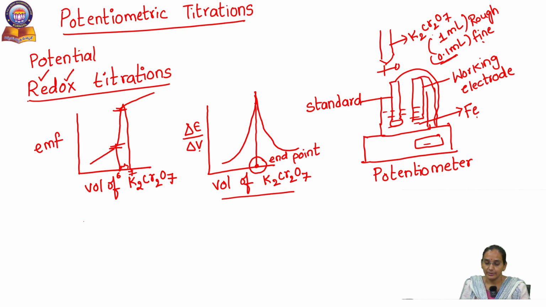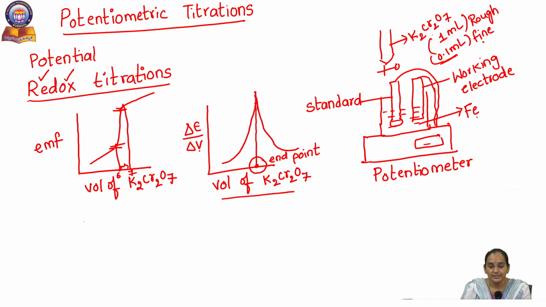Then coming to the applications, what are the advantages over volumetric titrations? If the solution is colored, we cannot perform the volumetric titration because the endpoint is determined by color change. But without adding an indicator, even if the solution is colored, we can calculate the endpoint or the concentration simply by using potentiometric titration.